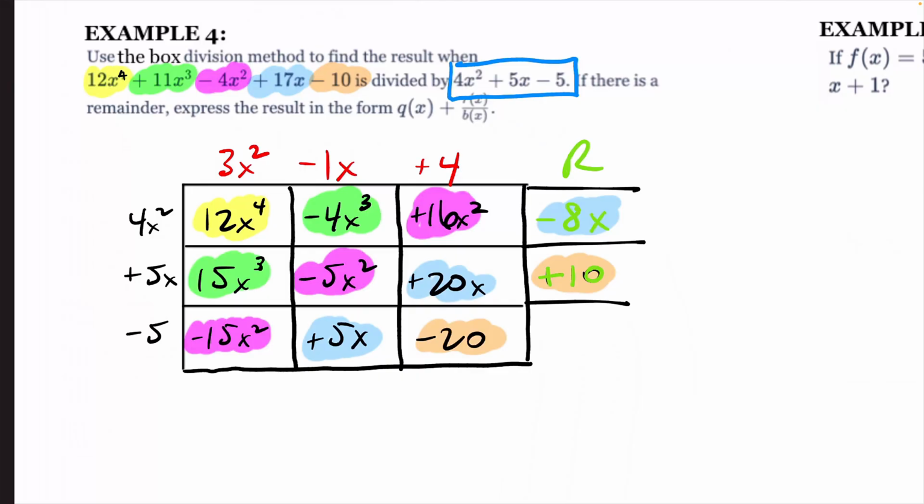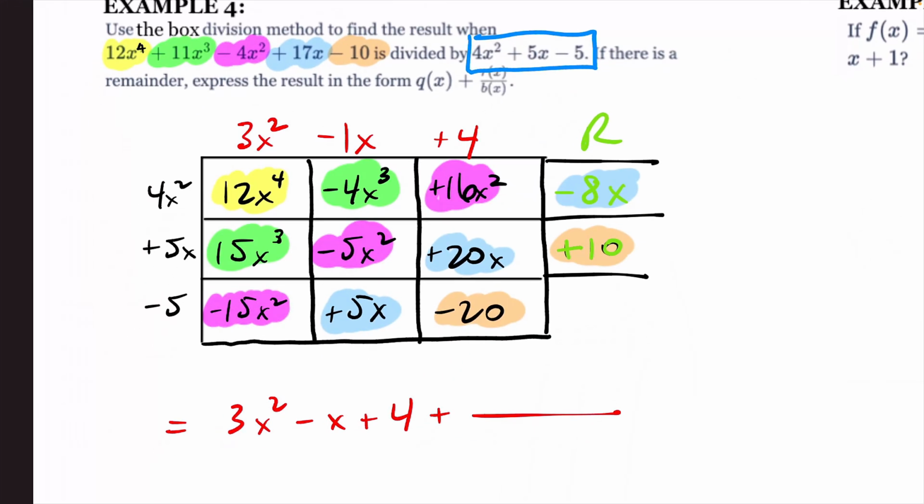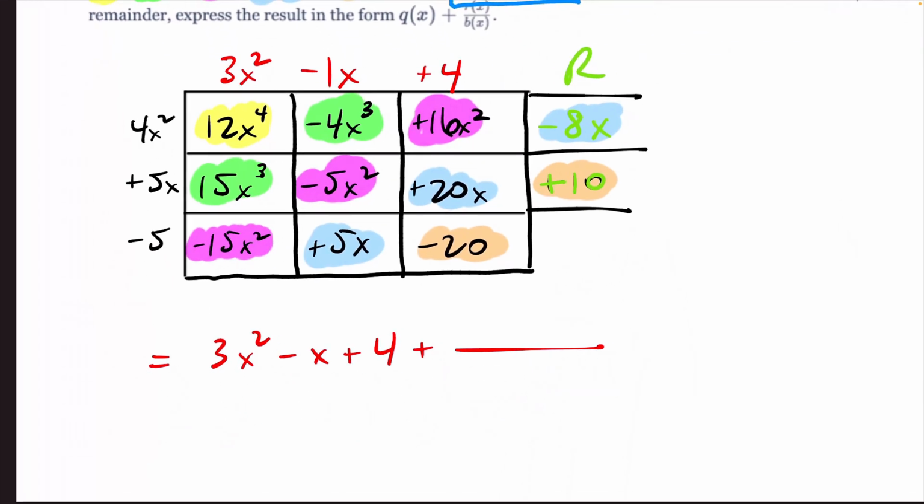So last thing, write it. How are we going to write it? We're going to start the same way we've always done it, right? 3x squared minus 1x plus 4, and then we have a remainder. If we have a remainder, you're going to have a fraction. So what was our remainder? That goes on top.